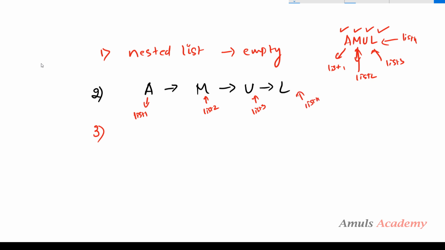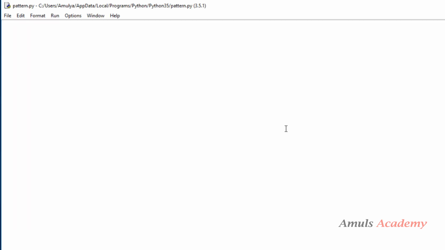Next, in the third step, we'll combine list 1, list 2, list 3, list 4, and print the stars in the required form. So these are the steps we need to follow. Alright, let's begin with the program.